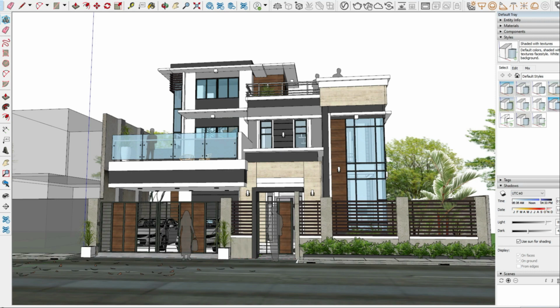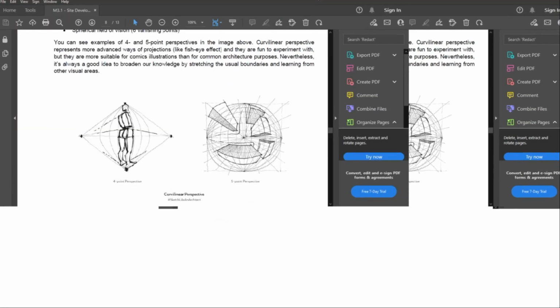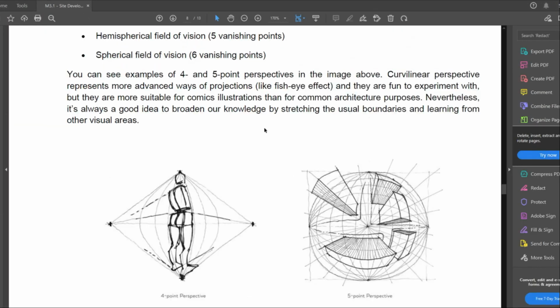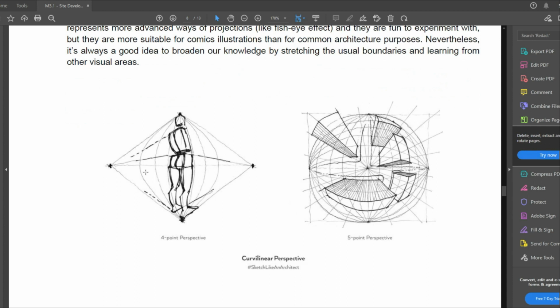So may ara kita nga cylindrical field of vision which is 4 vanishing points, and then the hemispherical field of vision which has 5 vanishing points, and the spherical field of vision which has 6 vanishing points. So amo ni siya ang example sa aton nga curvilinear perspective.